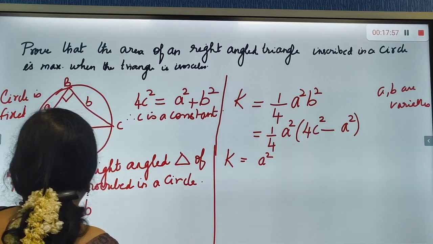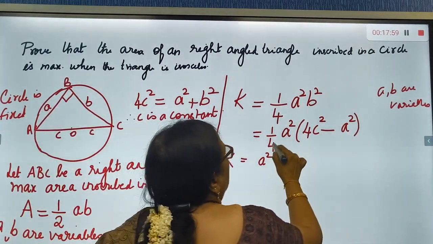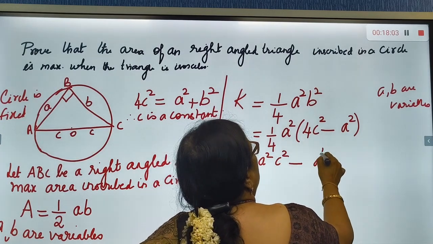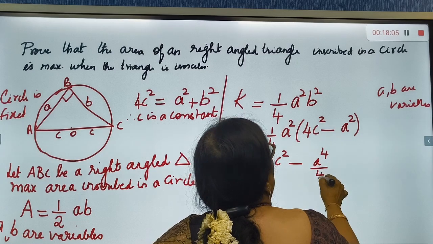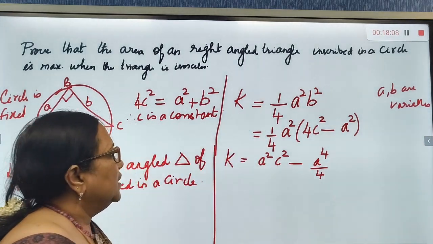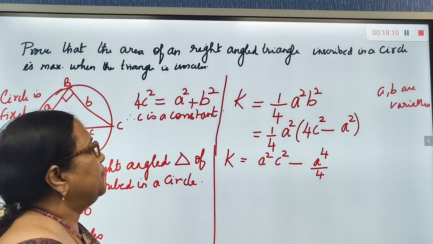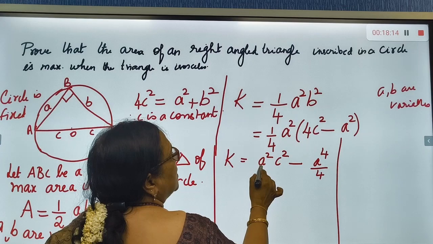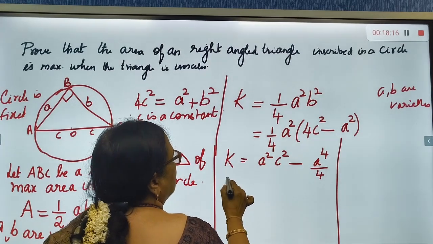K equal to, 4 and 4 gets cancelled, A square C square minus A power 4 by 4. Now A is a variable, C is a constant.